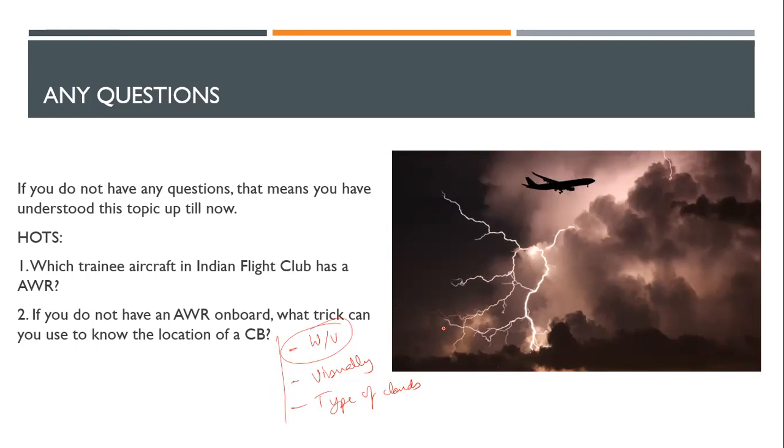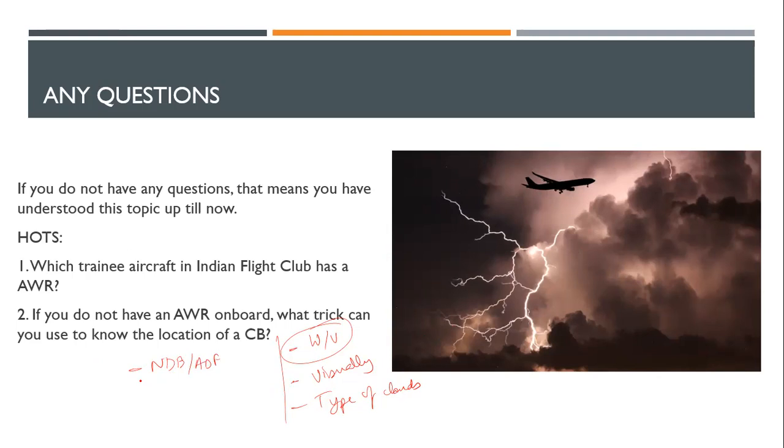I'll give you a clue. We have studied that chapter. No? Sure, I'll answer it. In the chapter on NDB, ADF, there was an error known as static interference.